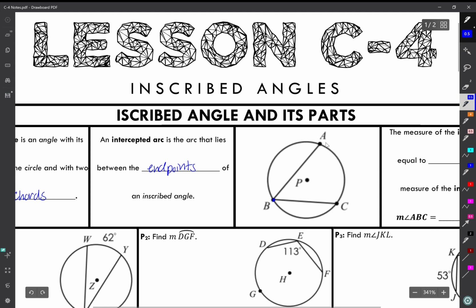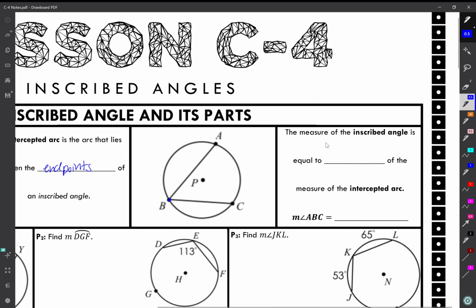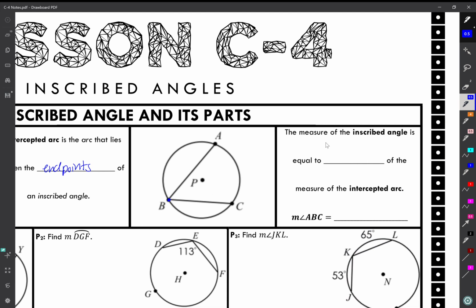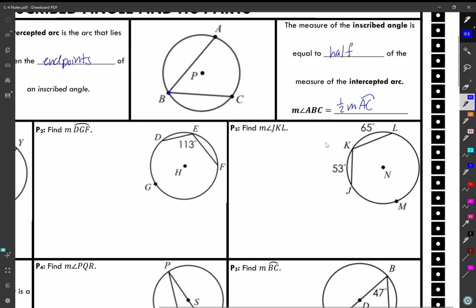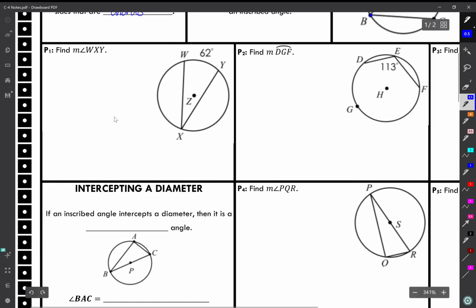There we go. So the measure of the inscribed angle is equal to half of the measure of the intercepted arc. So the measure of angle ABC in our example here would be 1/2 of the measure of arc AC. Okay, so let's use this stuff to answer some questions. First one, I'm going to find the measure of angle WXY.